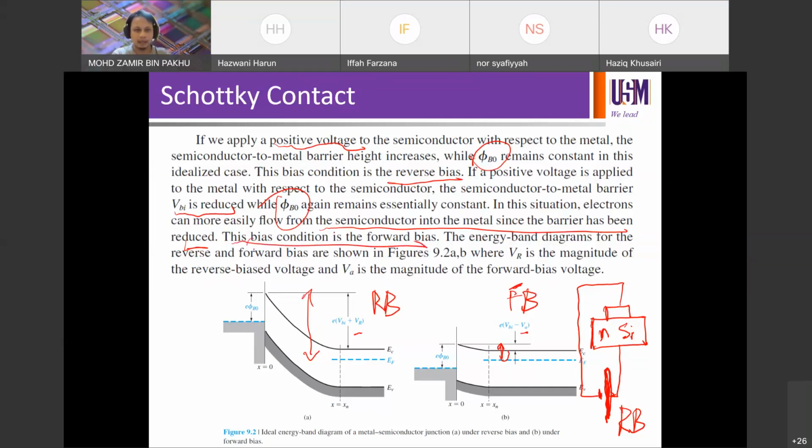If you apply forward bias, the barrier will be reduced, and then the flow of electrons from semiconductor into metal can take place again. So these are the two conditions: VR is the reverse bias and VA is the forward bias.